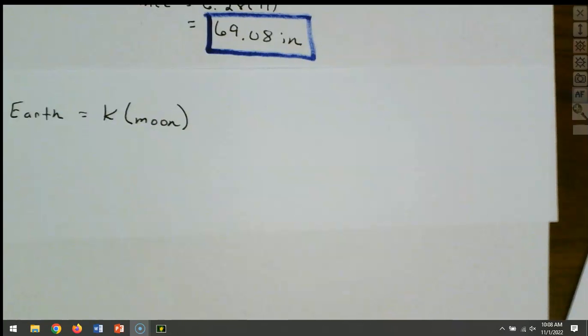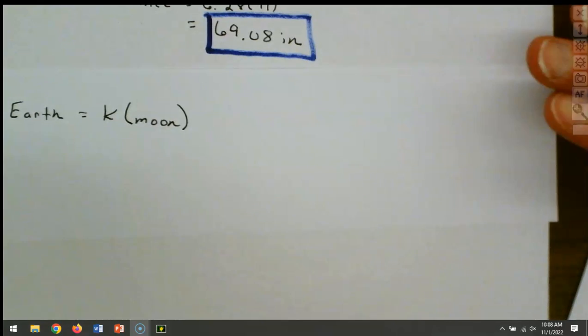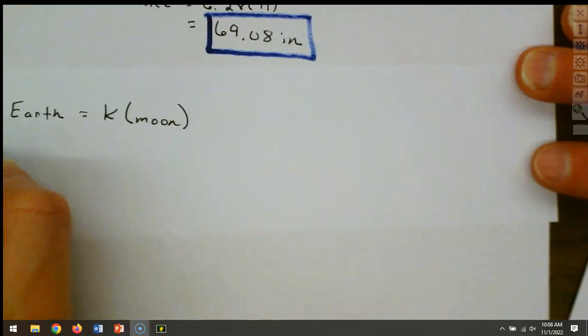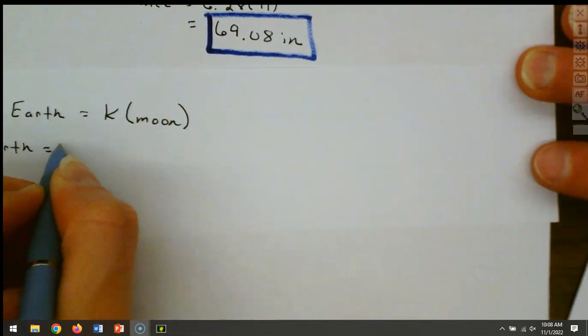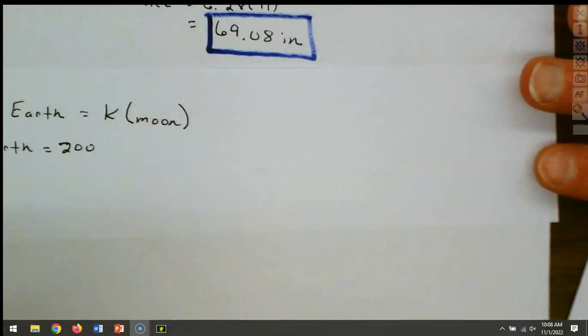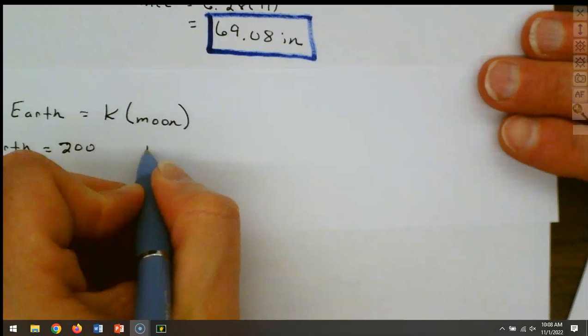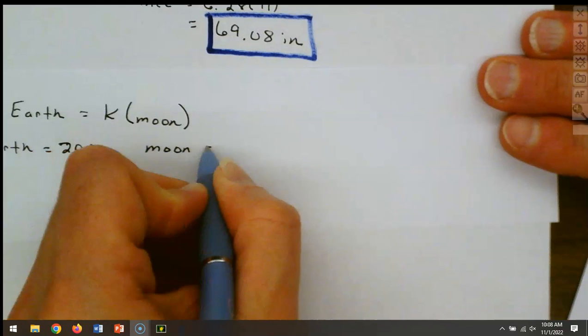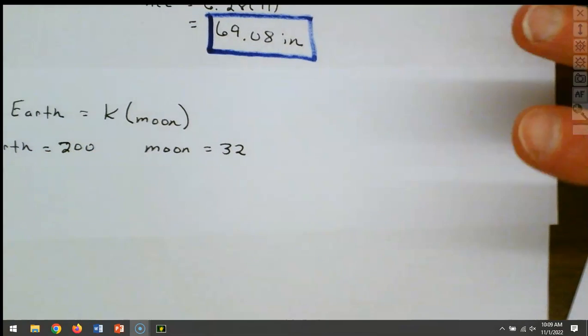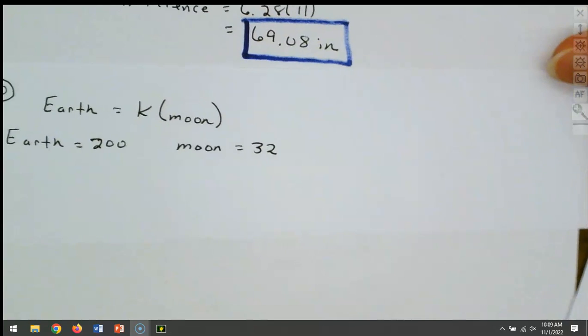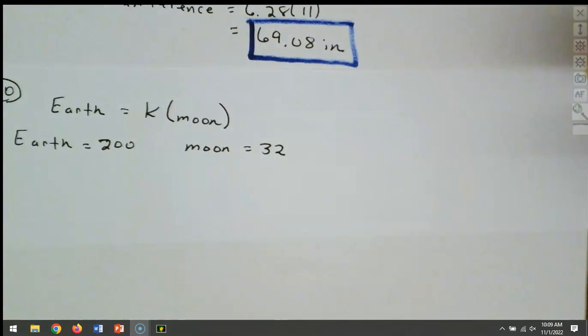Okay, it says the weight of an object on the moon. So a 200-pound astronaut, so that means that astronaut on Earth would weigh 200 pounds, weighs only 32 pounds on the moon. So we're going to plug that in, and we're going to find our K.